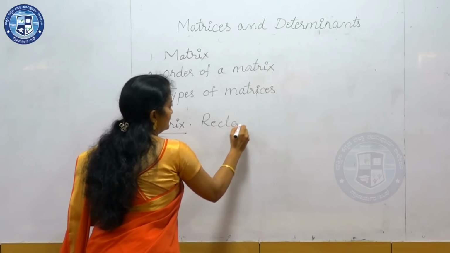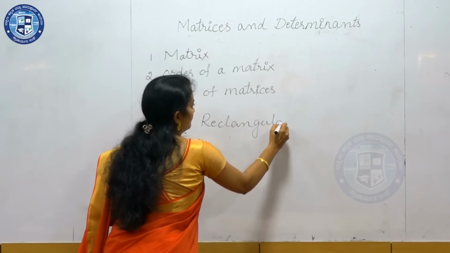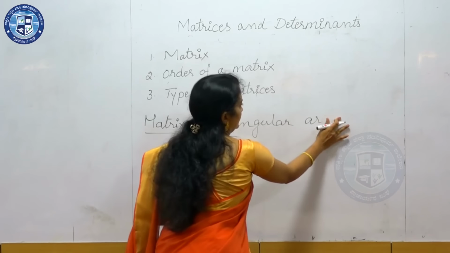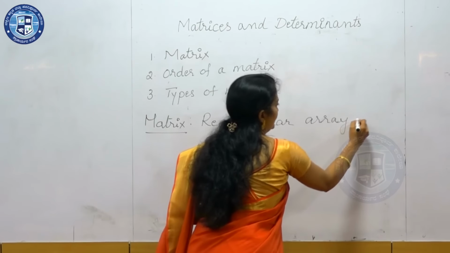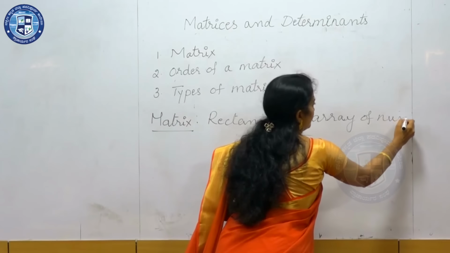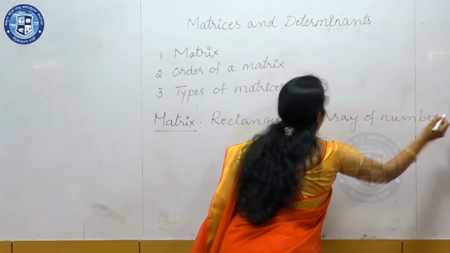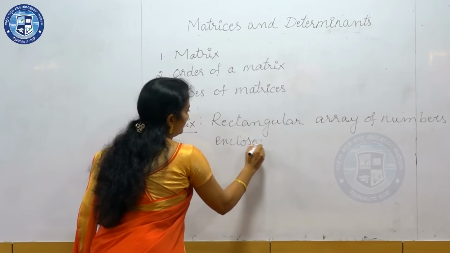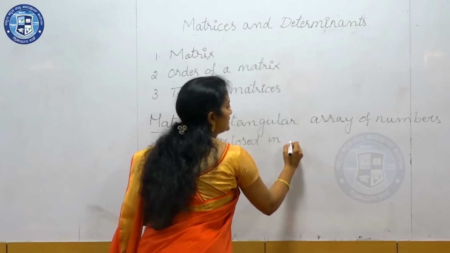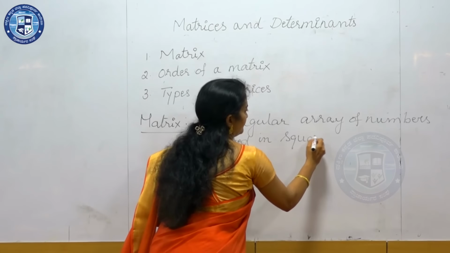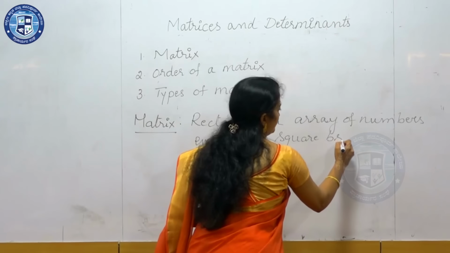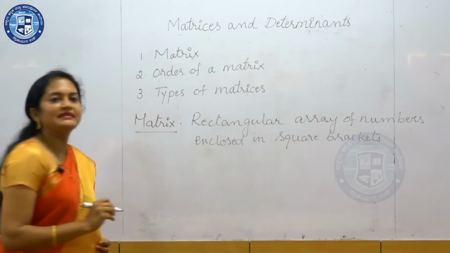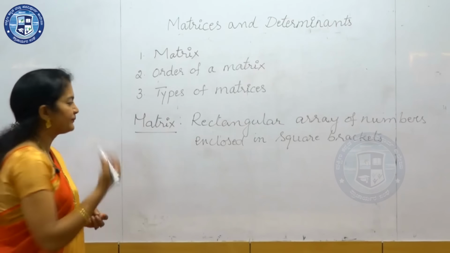A rectangular array of numbers enclosed in square brackets. What is this rectangular array of numbers?